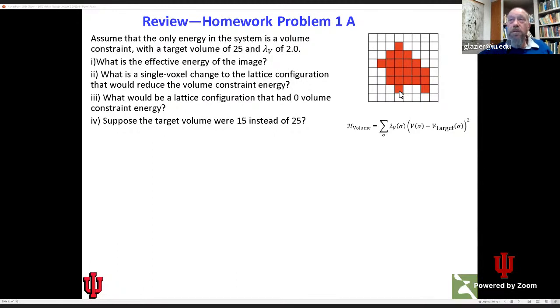was, suppose that we only had a system with a volume constraint, and for purposes of definiteness, we gave a target volume of 25, lambda volume of 2, and I gave a picture, and I asked what was the effective energy of the image. Does anybody have a result for that?